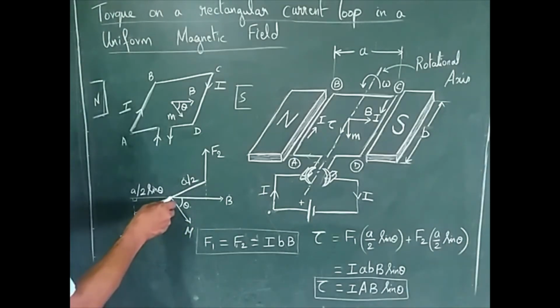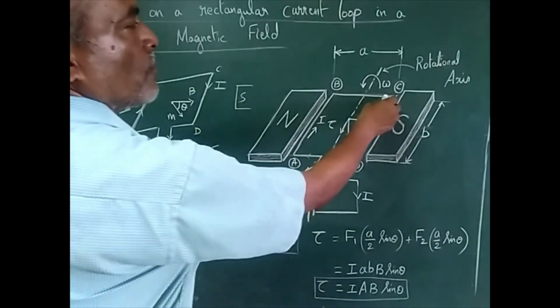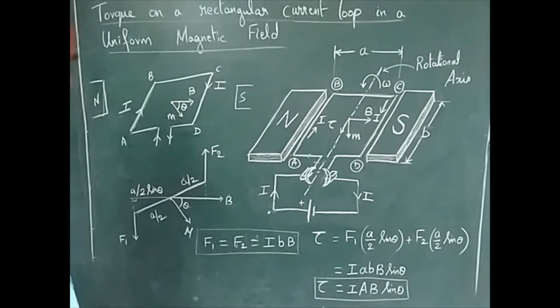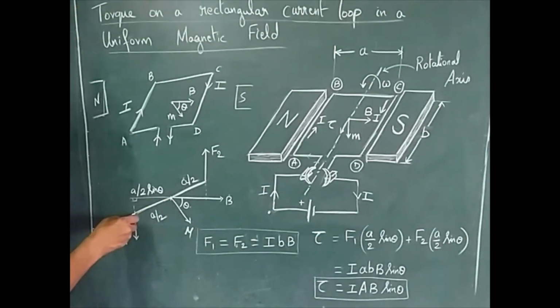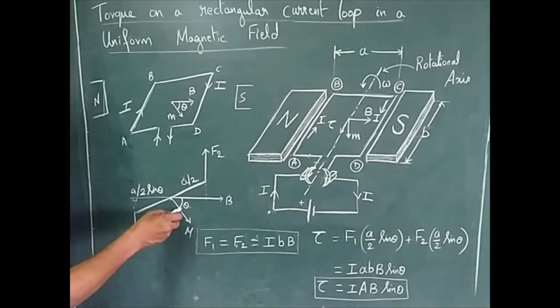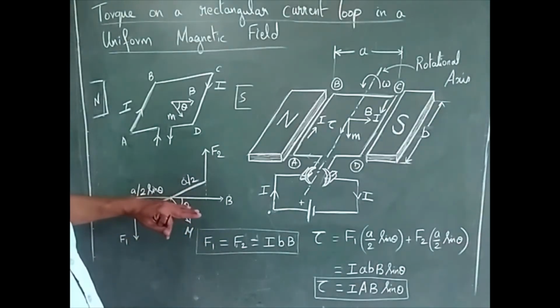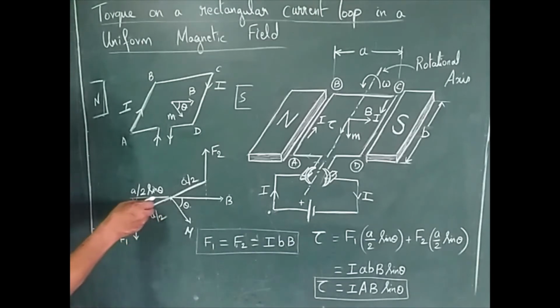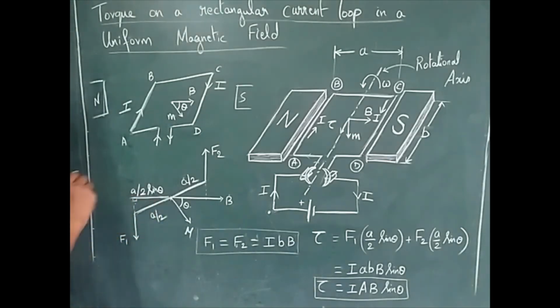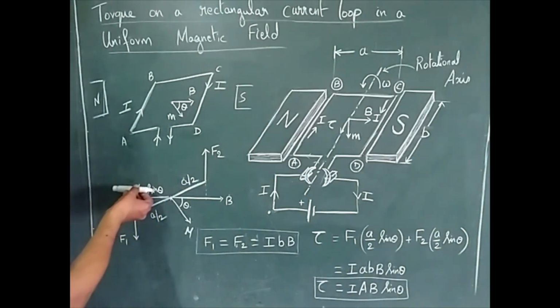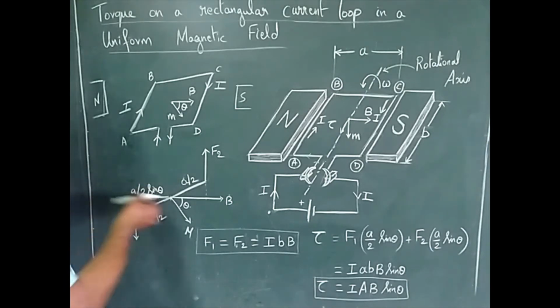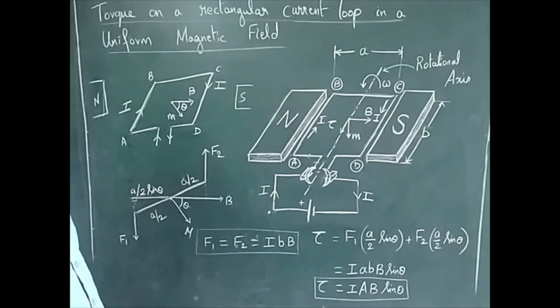So this will be the line now. Since it has been tilted, this length is A by 2, this is 90 and this is theta. Therefore this side will become A by 2 sin theta. Similarly the other side also will become A by 2 sin theta. So this length will become A by 2 sin theta. This is the value that is along magnetic flux density.